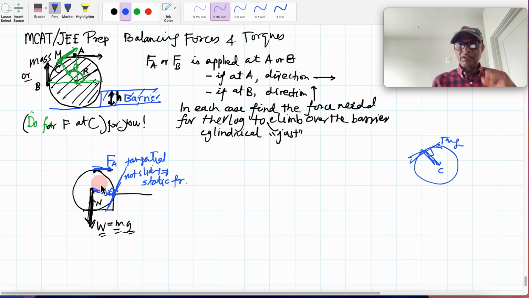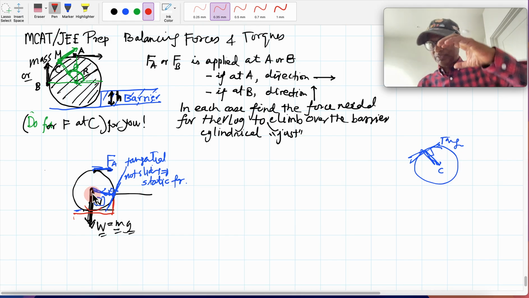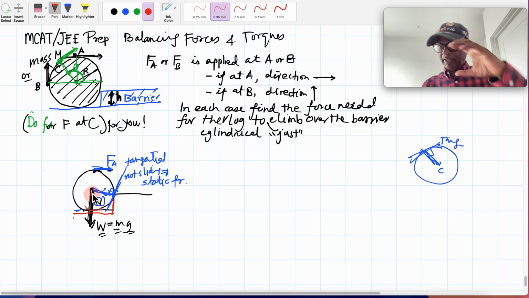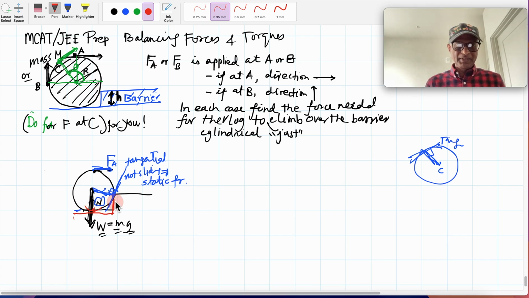Now, when it just pushes over, this normal will be 0. Think about an instant where it has just climbed over; it has a little bit of motion, but you can get as close to the surface as possible without touching it.